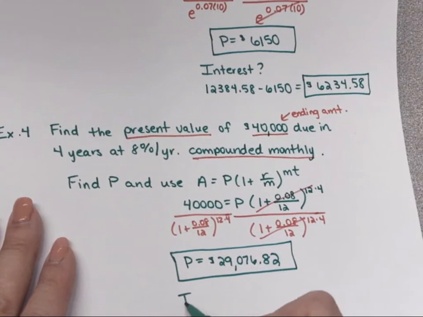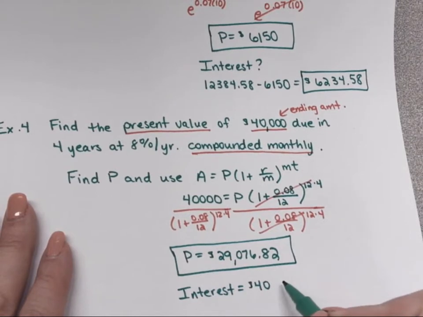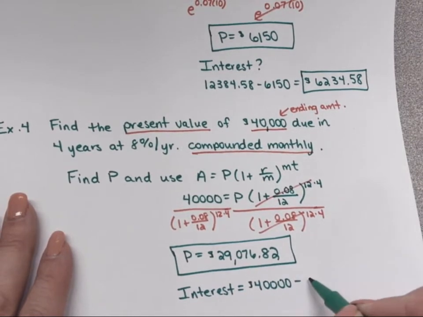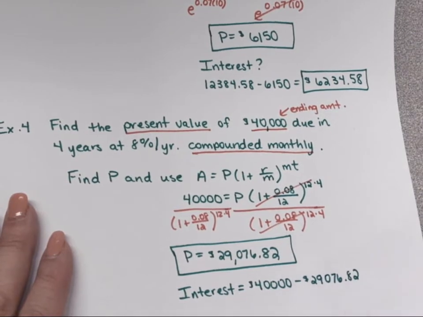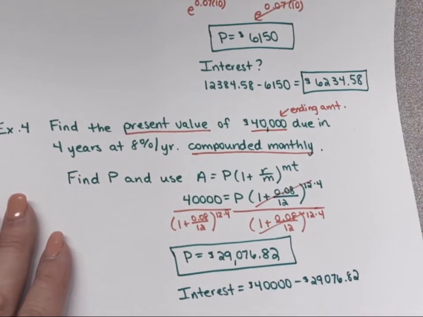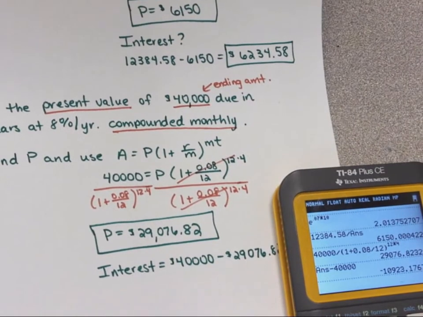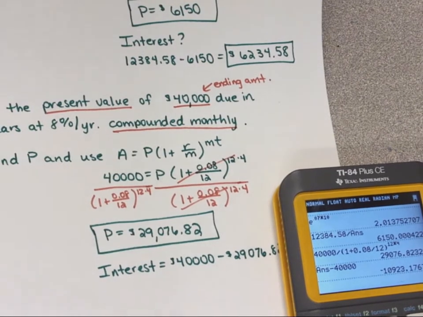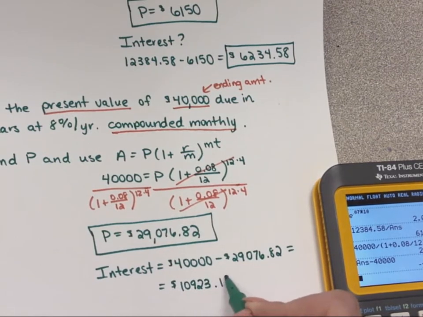So again, if I asked you to find the interest, what would you do to get it? Subtract, right? You'd take 40,000 minus 29,076.82. The interest would be 10,923.18 if you round it.